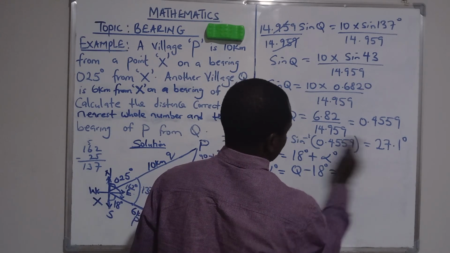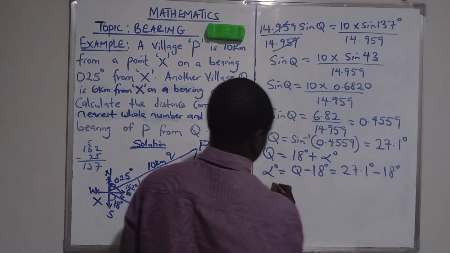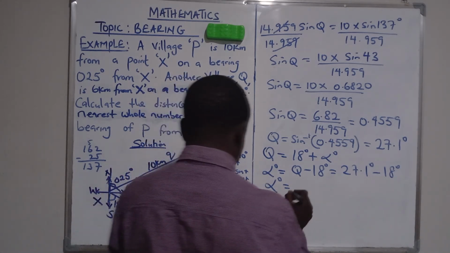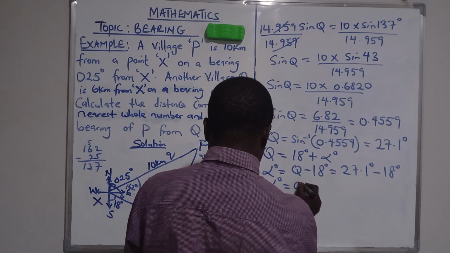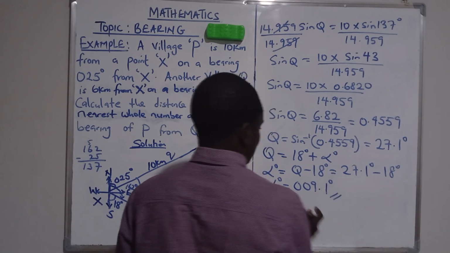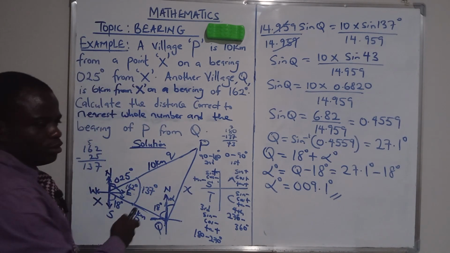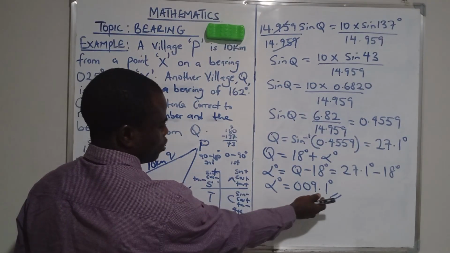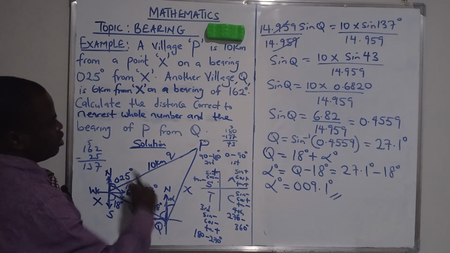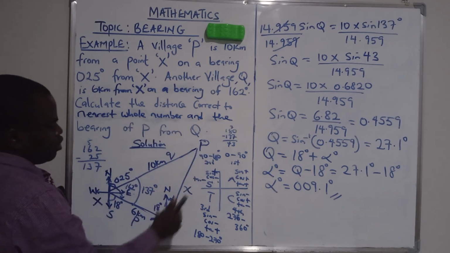Our q is 27.1 degrees minus 18 degrees. Alpha equals, when you subtract, 9.1 degrees. You have to write it as three figures for a bearing. That's why I make it 009 and not ordinary 9. 009.1 degrees is the angle it takes to turn from the north to P.